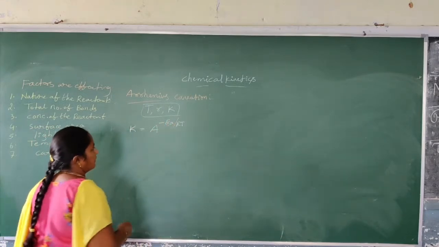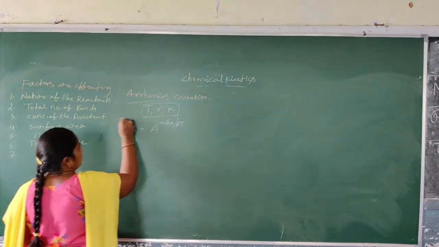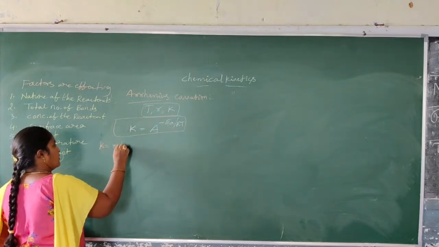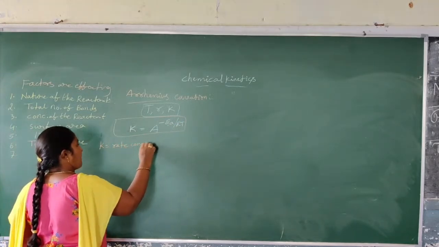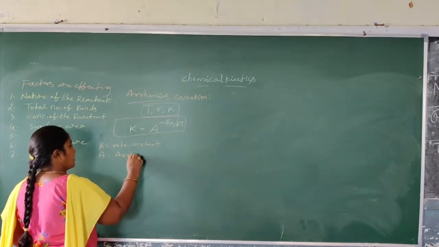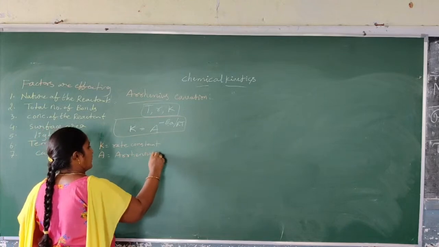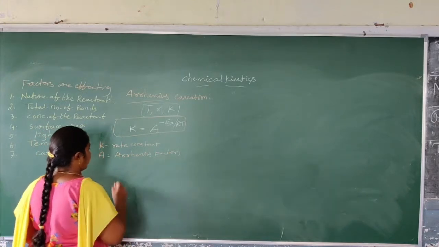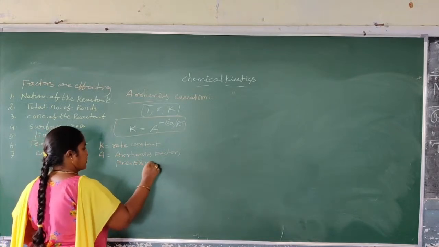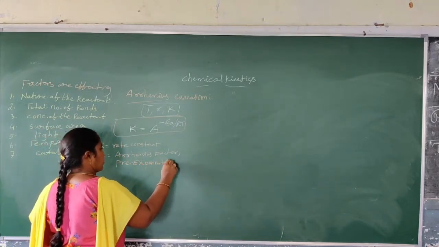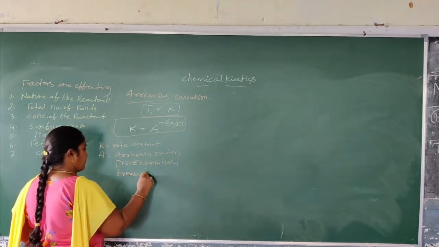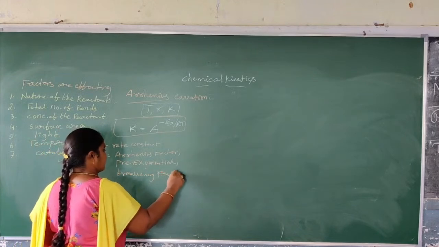Here K is the rate constant, A is the exponential factor or frequency factor.